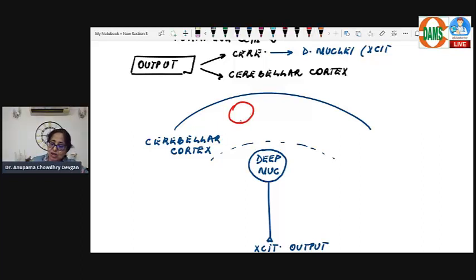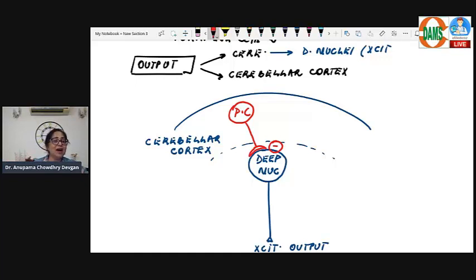Is the Purkinje cell excitatory or inhibitory? I have already discussed it with you. All neurons of the cerebellum are inhibitory except the granule cell. Now, this Purkinje cell inhibits the deep nuclei output.